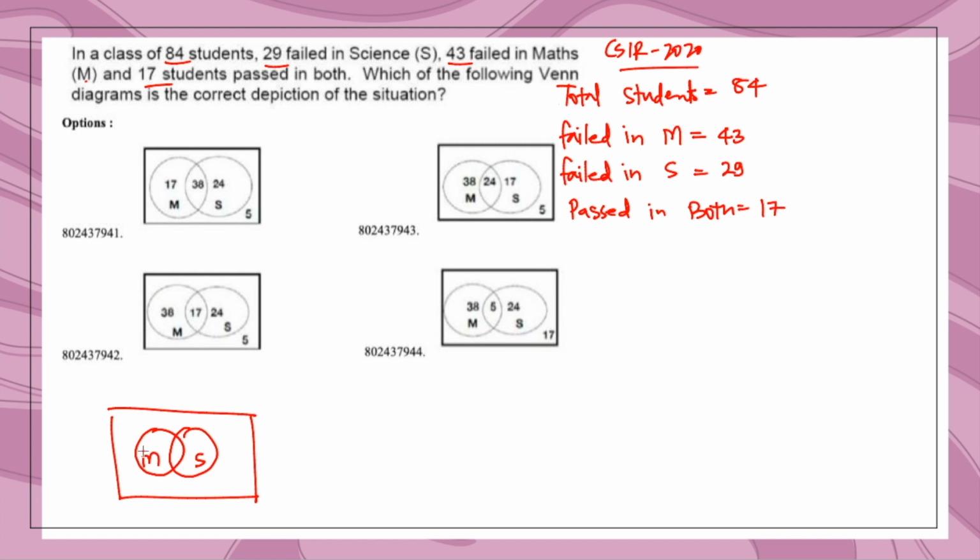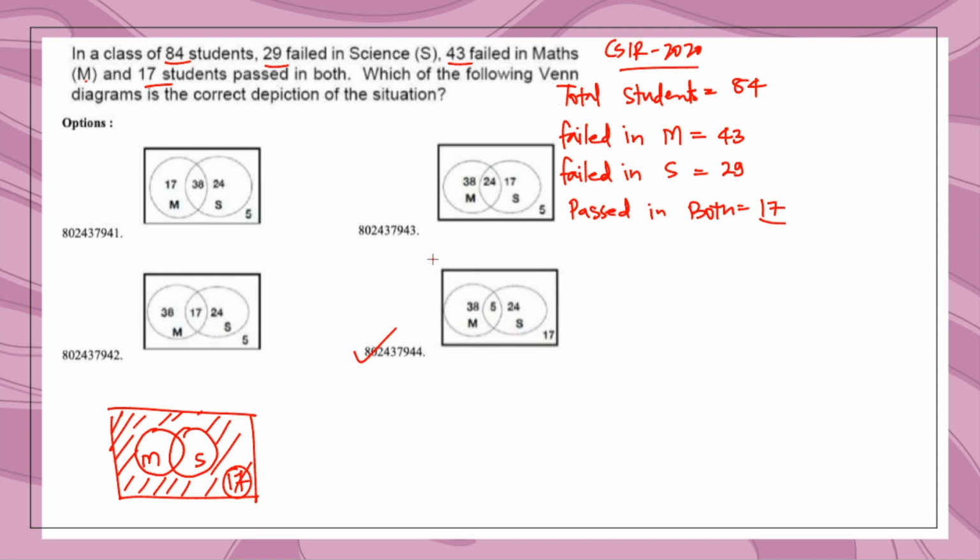These circles are for the failed students, so everything outside of them is those who have passed in both maths and science. So this outside region should be 17, which is represented by option D, and that's why it is the correct option. That's the easiest way to reach it.